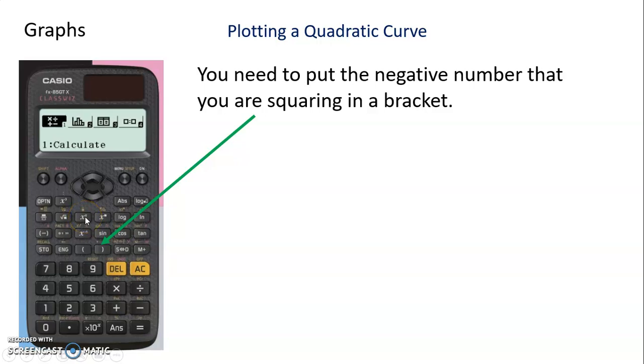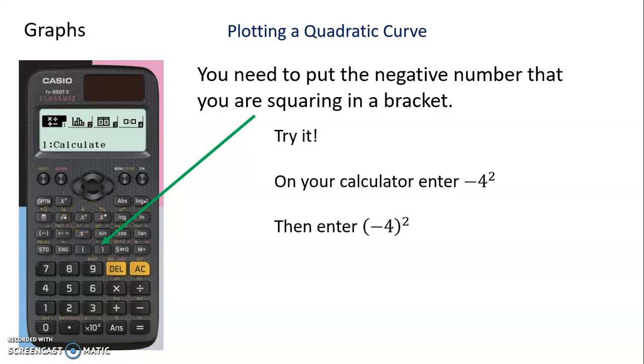So if you've got your calculator to hand, I'd like you to try this. Could you try first of all entering on your calculator negative 4 squared without the bracket and press equals, see what it gives you, and then enter a bracket, negative 4, close the bracket and square it and see what that gives you. So pause the video and have a go at doing that.